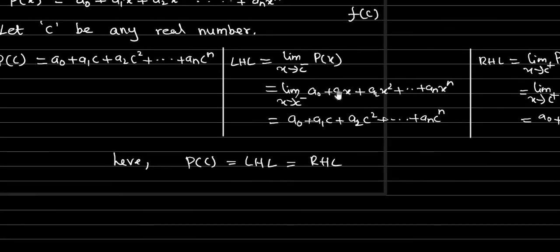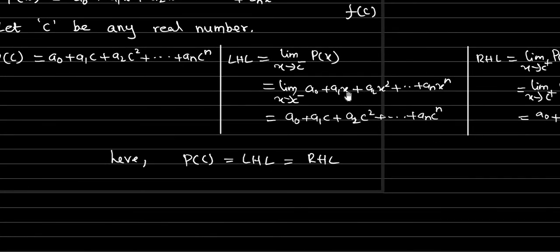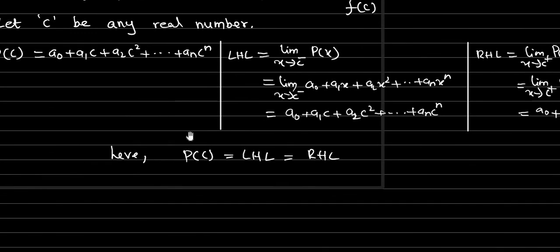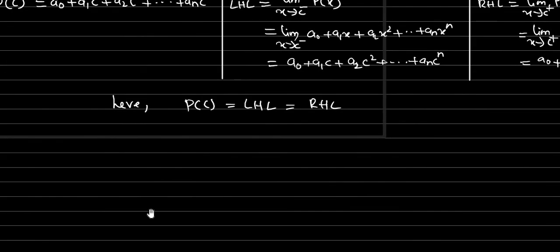We directly substituted c in place of x, whereas close values of c are approximately equal to c only, but here the values are the same. So what can we say from this? P of x is continuous. This is what they asked us to prove. So hence proved.